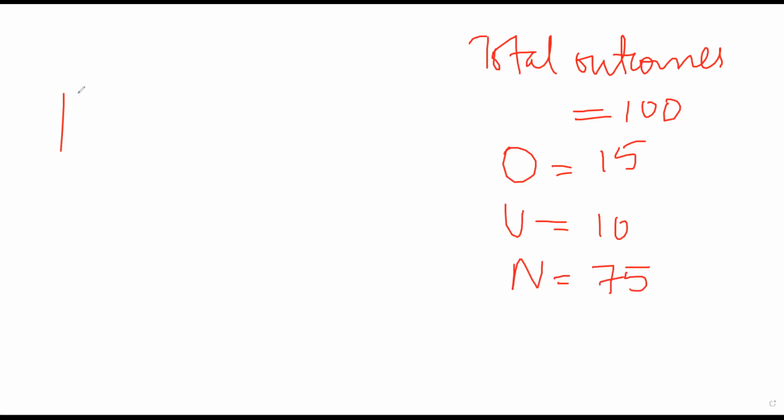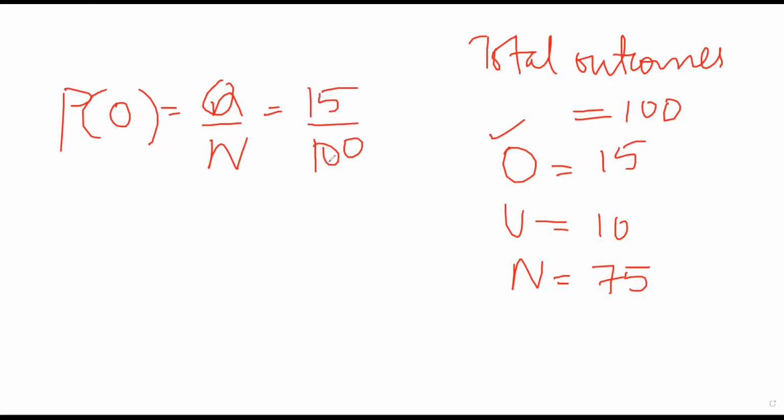So P of O, or the probability of overweight babies, is equal to small n divided by capital N. In this scenario, small n will be our O, because they are the total number of favorable events. Favorable events in this scenario will be the overweight babies. So it is equal to 15 divided by 100.